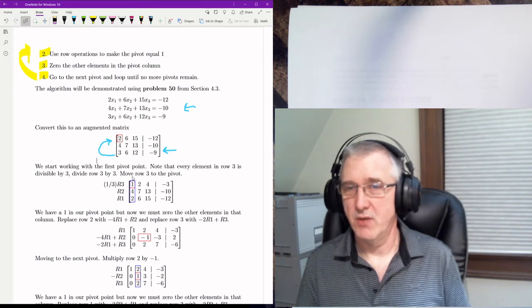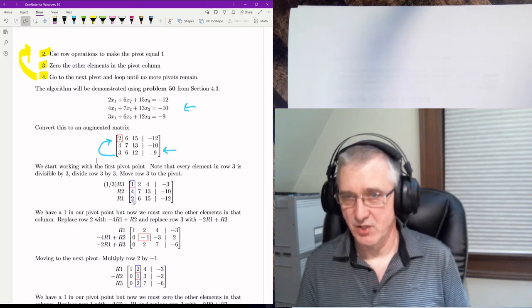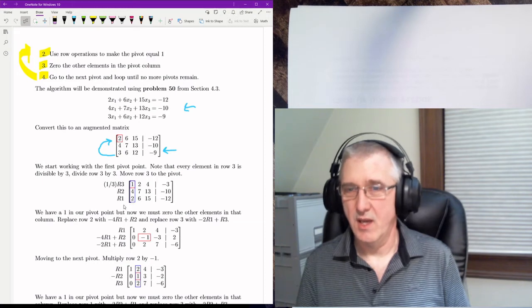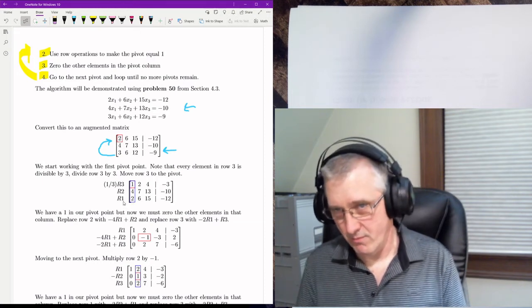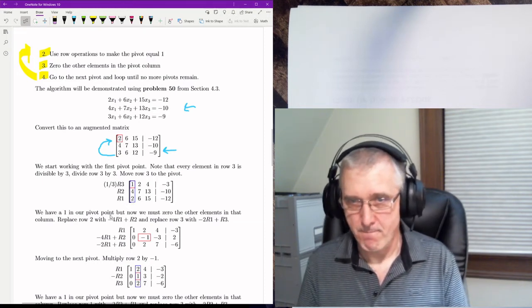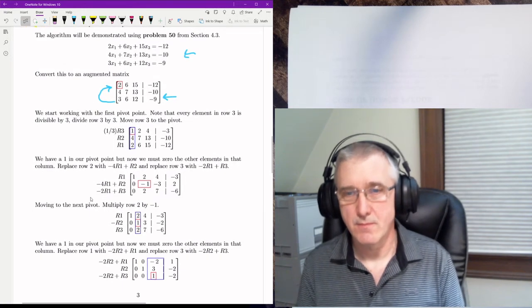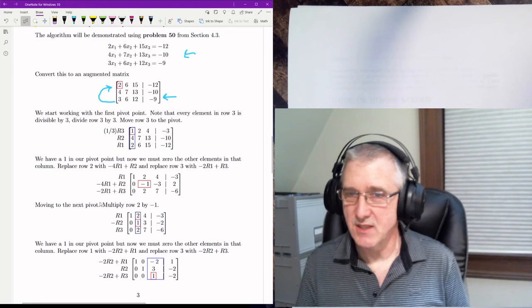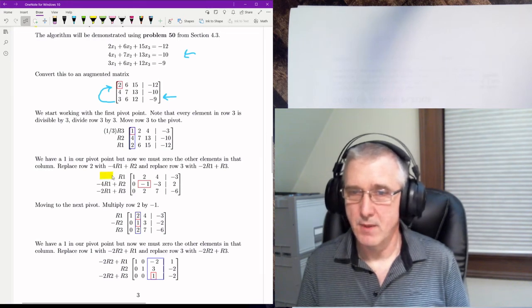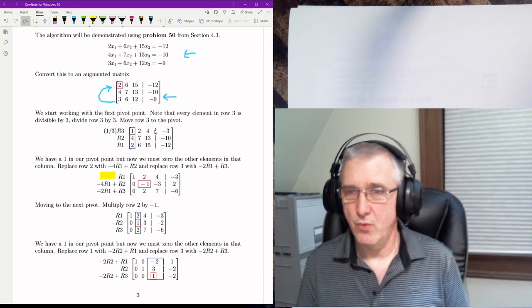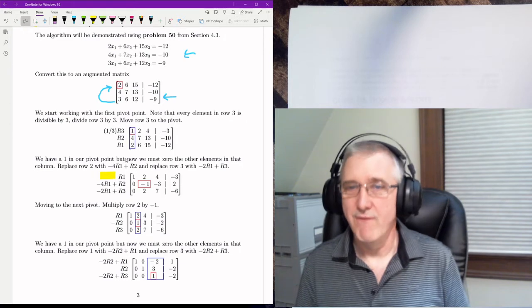Then we'll multiply row 1 by minus 2 and add that to row 3. Let's try to be relatively clear. Row 1 stays exactly the same: 1, 2, 4, minus 3.